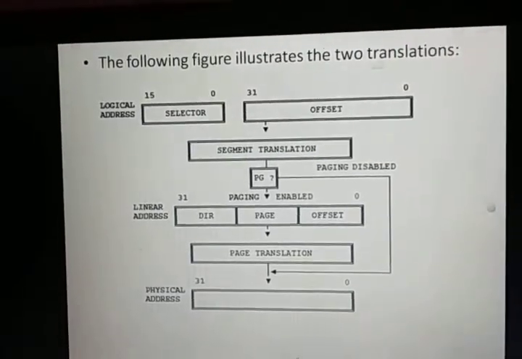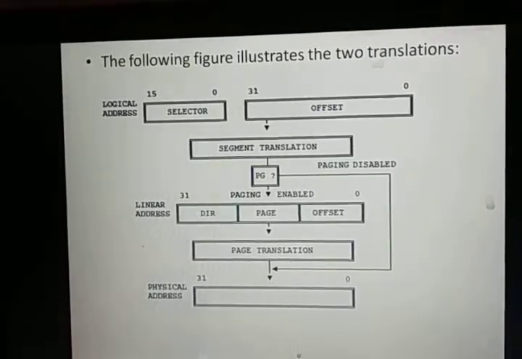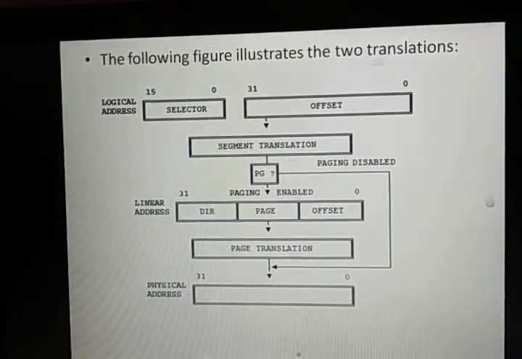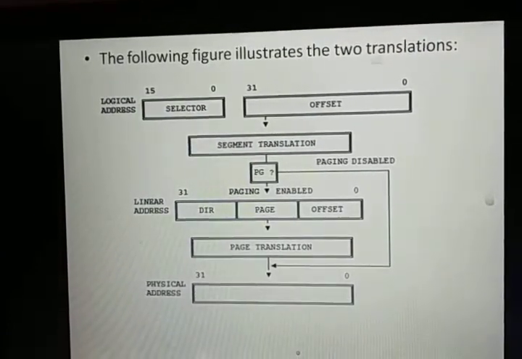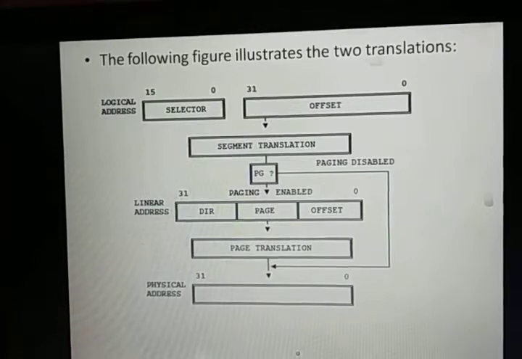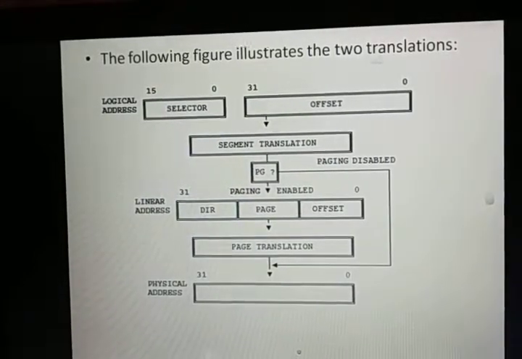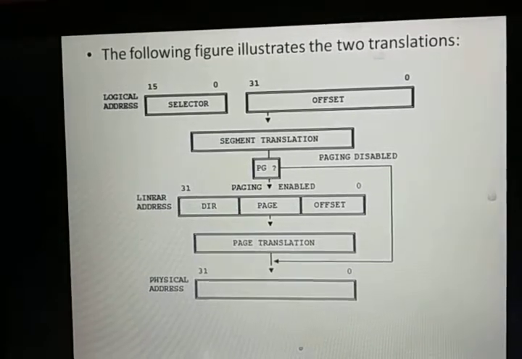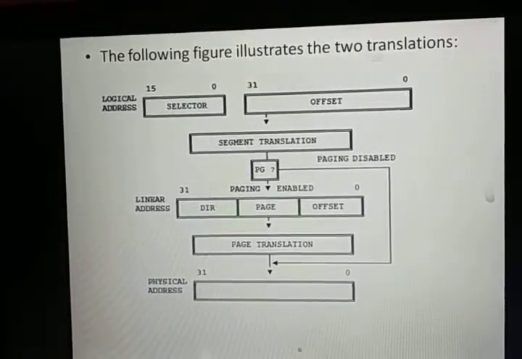In this diagram you can see a flowchart of the address translation mechanism. First, you divide your logical address into two parts, the selector field and the offset field. The selector part is a 16-bit field and the offset field is a 32-bit field. Then you perform segment translation to convert the logical address into a linear address.